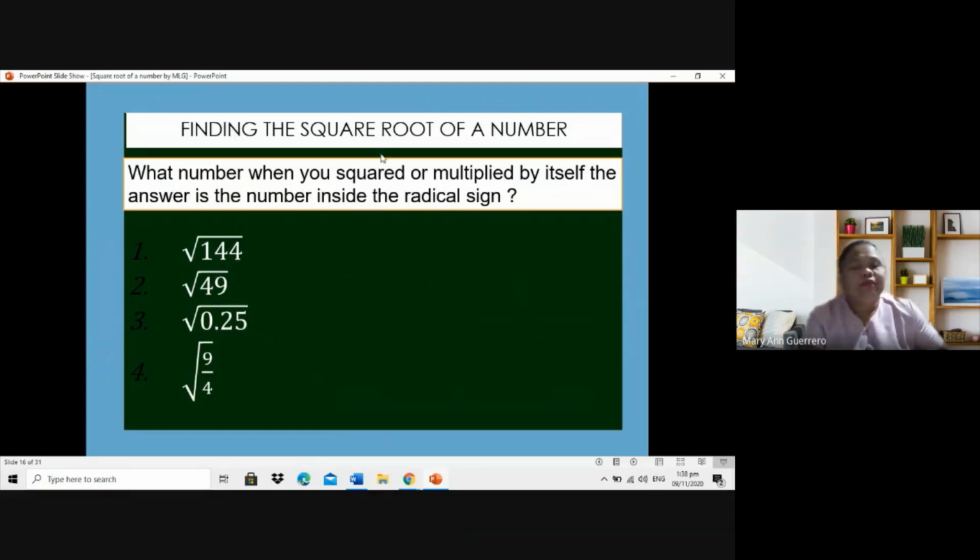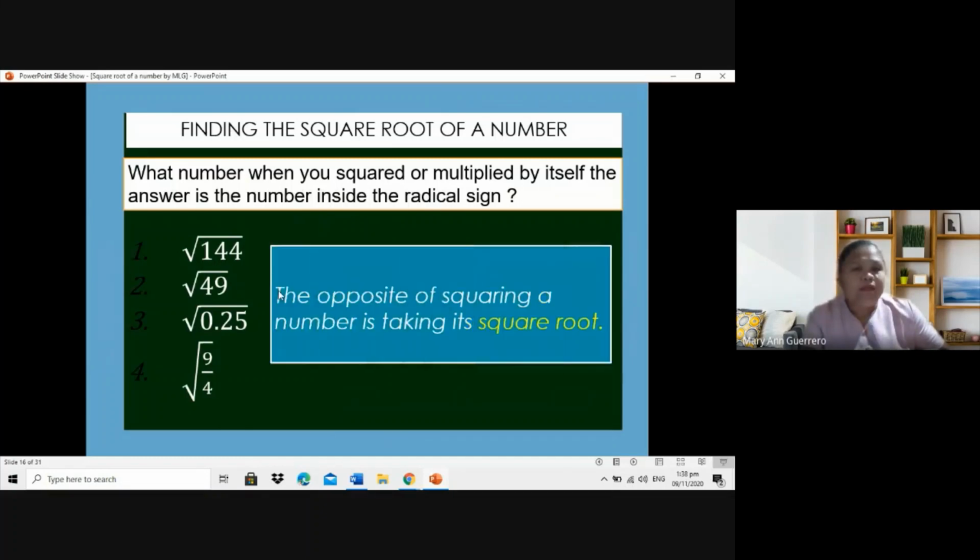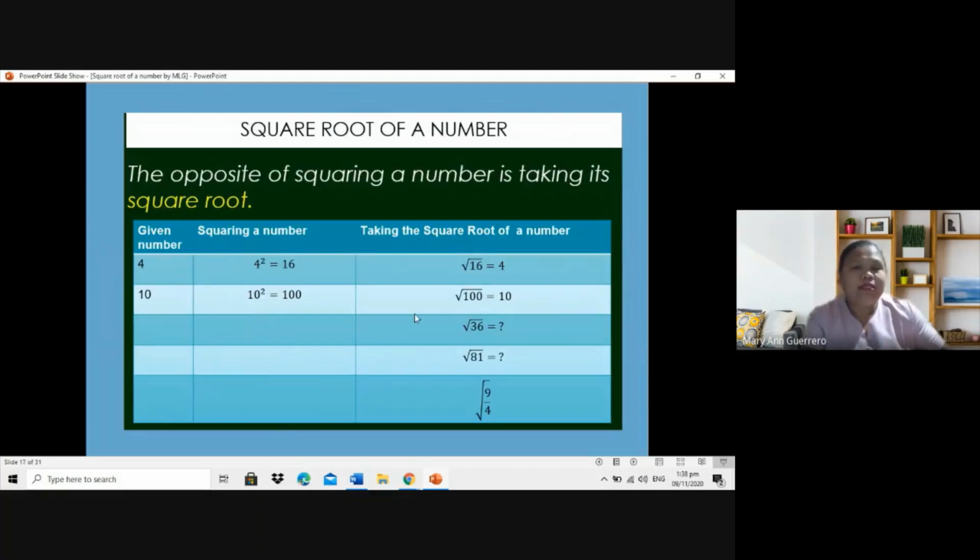Okay, so is there a number when you square, the answer is 144? Correct, that is 12. Okay, so the opposite of squaring a number is taking the square root. Therefore, if 12 square is 144, then square root of 144 is 12.